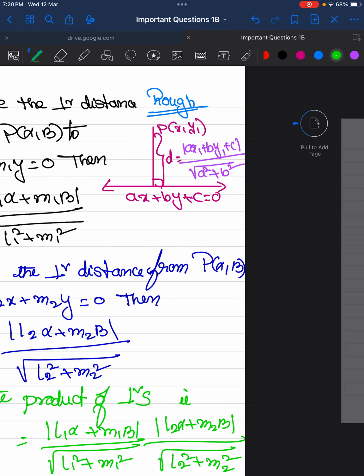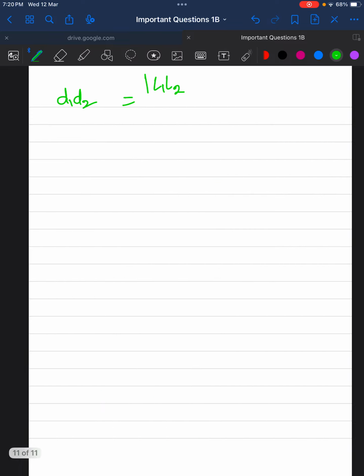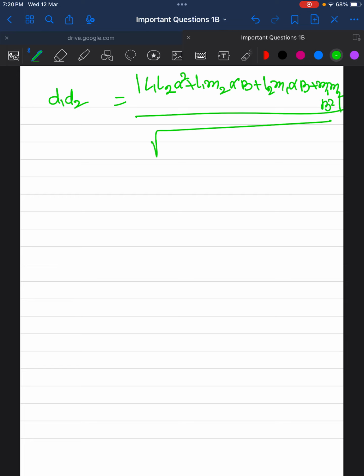If we multiply the numerators, d1 d2 is equal to modulus of L1 L2 alpha square plus L1 M2 alpha beta plus L2 M1 alpha beta plus M1 M2 beta square in the numerator. Denominator is root of L1 square plus M1 square into L2 square plus M2 square.